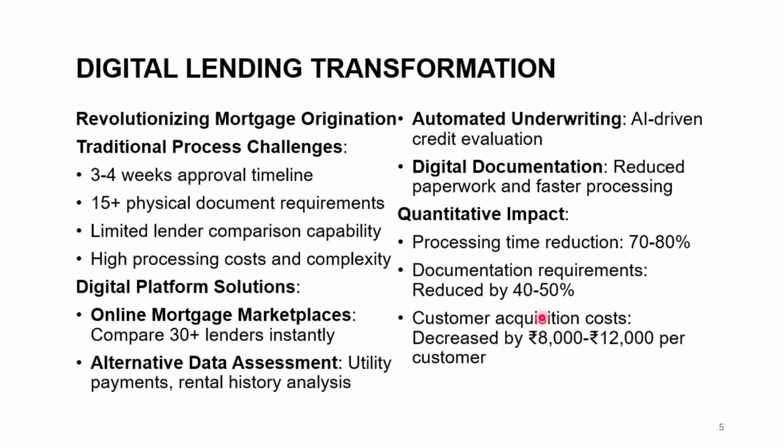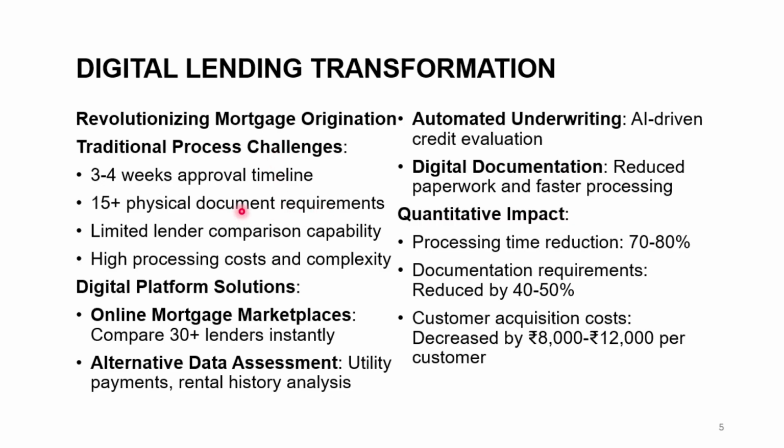So one of the most immediate and practical applications of PropTech is digital lending transformation. Traditional mortgage processes have been plagued by inefficiencies that we simply accepted as the way things work.